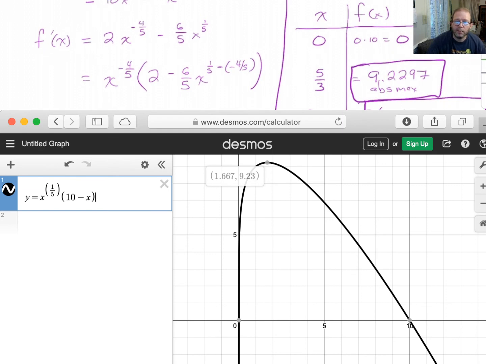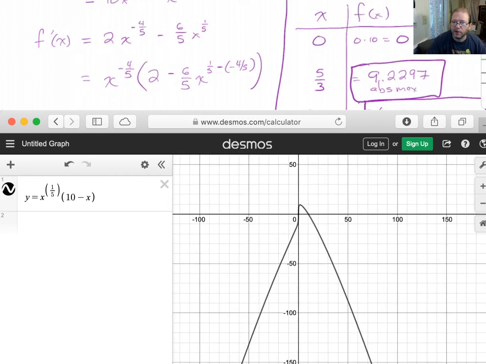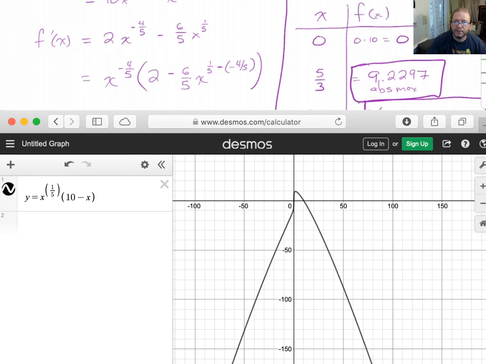The minimum, if we go from 0 to, well, let's zoom out. This function's kind of funny looking. It goes down pretty quickly on both sides, but we were interested in just between 0 and 32.